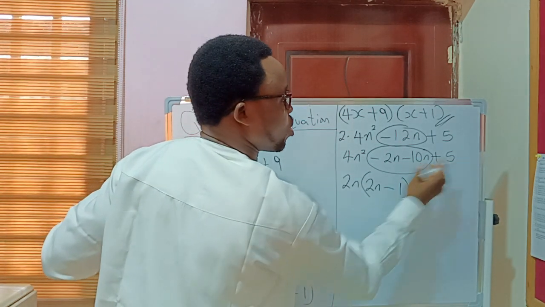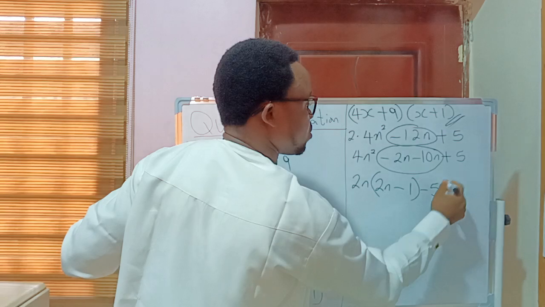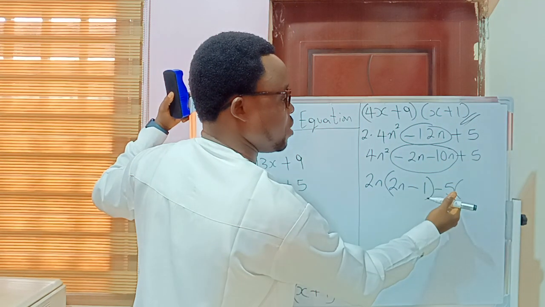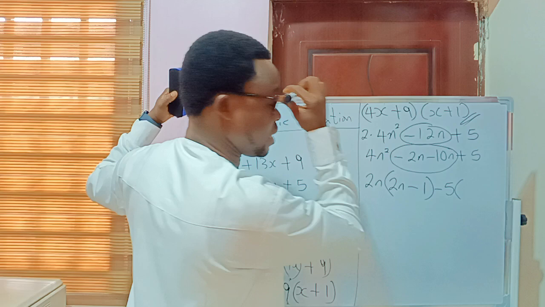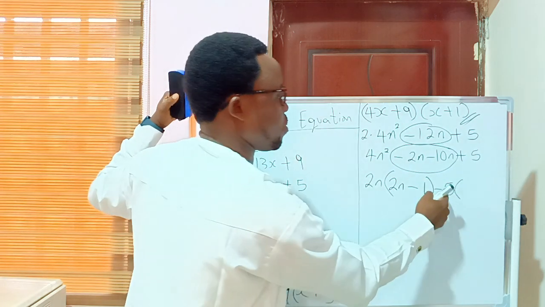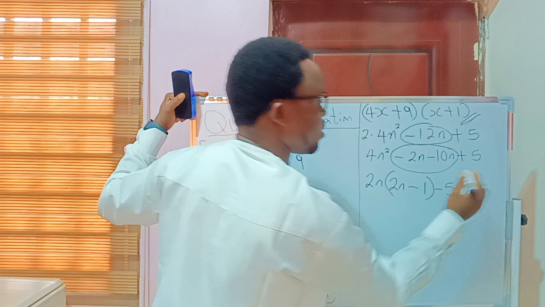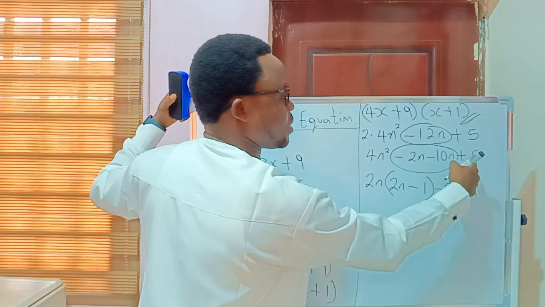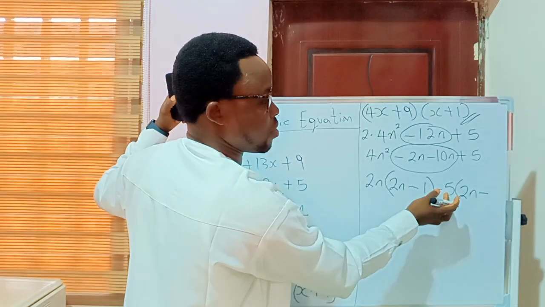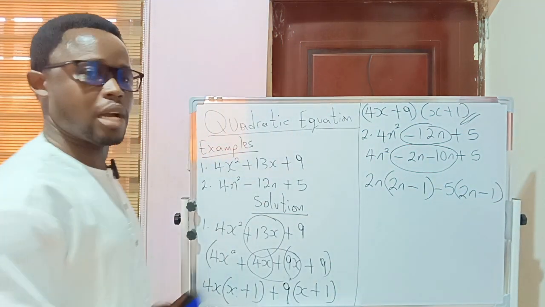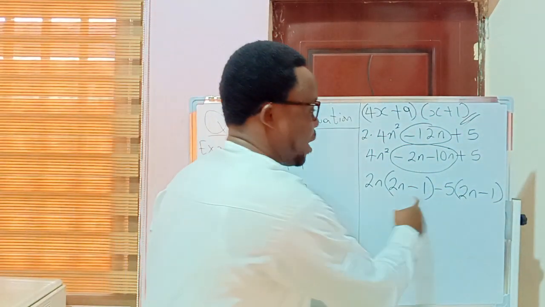What is common here is 5. If 5 leaves here, 10n into here is how many? 2. The n is still there. Minus times plus is minus. 5 divided by 5 is 1. Can you see it? The two brackets must be the same.